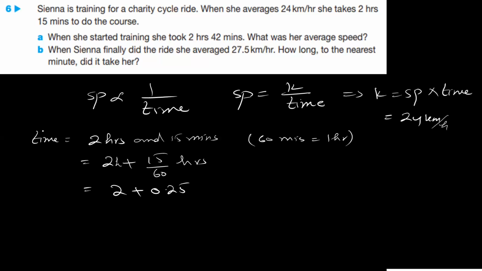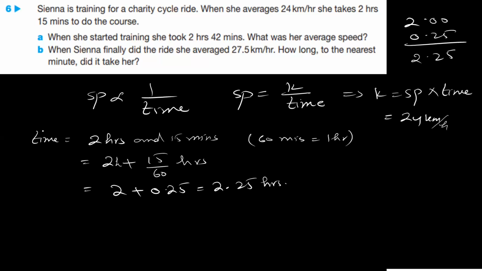So this becomes 2.25 hours. When you add 2.00 and 0.25 together, you get 2.25 hours.